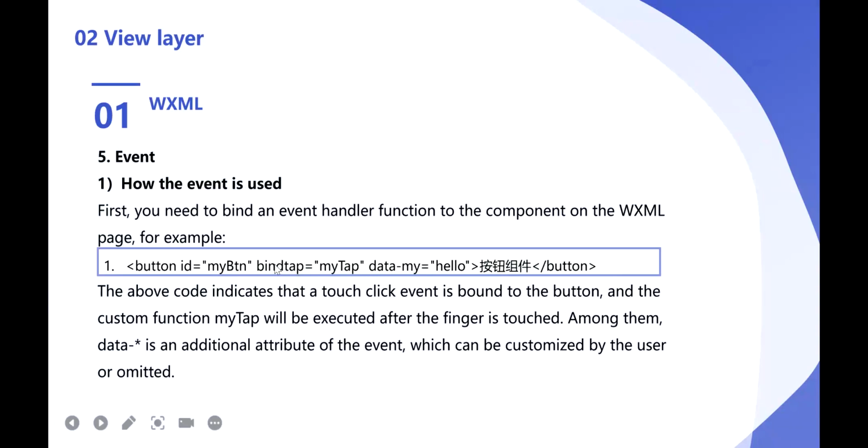Here we indicate that a touch click event is bound to the button, and the custom function my tap will be executed after the finger is touched. Here, this part is an additional attribute of the event. It can be customized by the user or omitted. We will see it. In fact, it will show on the component. Yeah, we can see this next class.